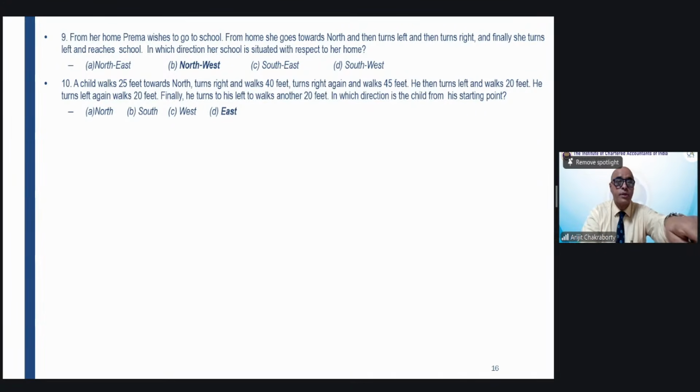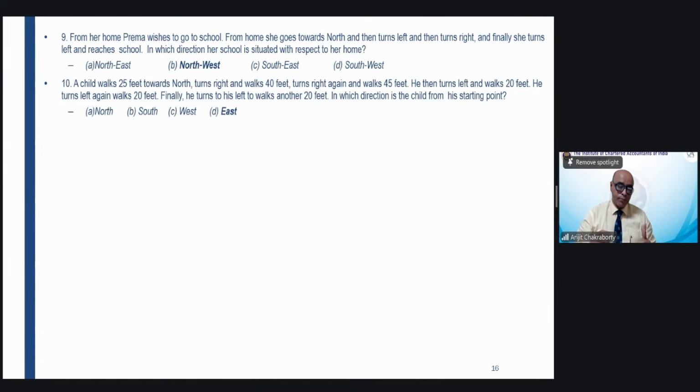That means towards the east 20 feet. He turns left again and walks 20 feet. Now moving towards the north, 20 feet. Finally, he turns to his left to walk another 20 feet. In which direction is the child from his starting point?